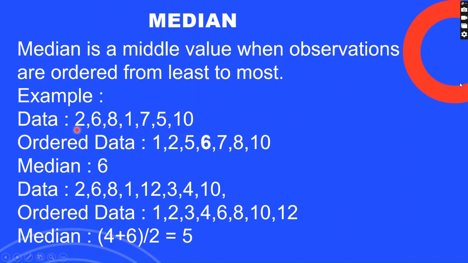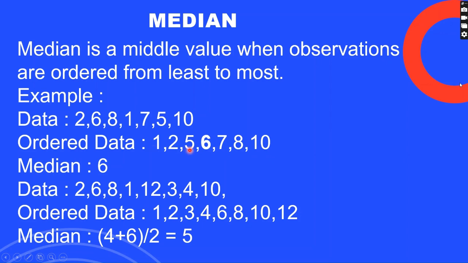Next one, median. The median is the middle value of the given data. What we do is sort the data in order, from lowest to highest. Then we find the middle value, which is called the median.